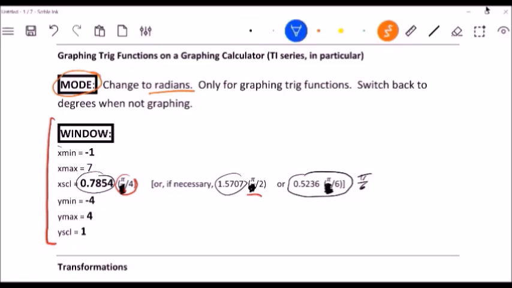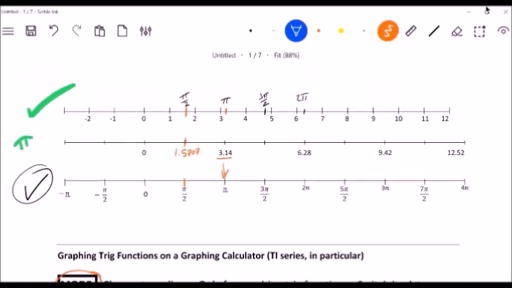Notice that I have the x's going from -1 to 7. So we would be going from about negative pi over 2, all the way over to past 2 pi.